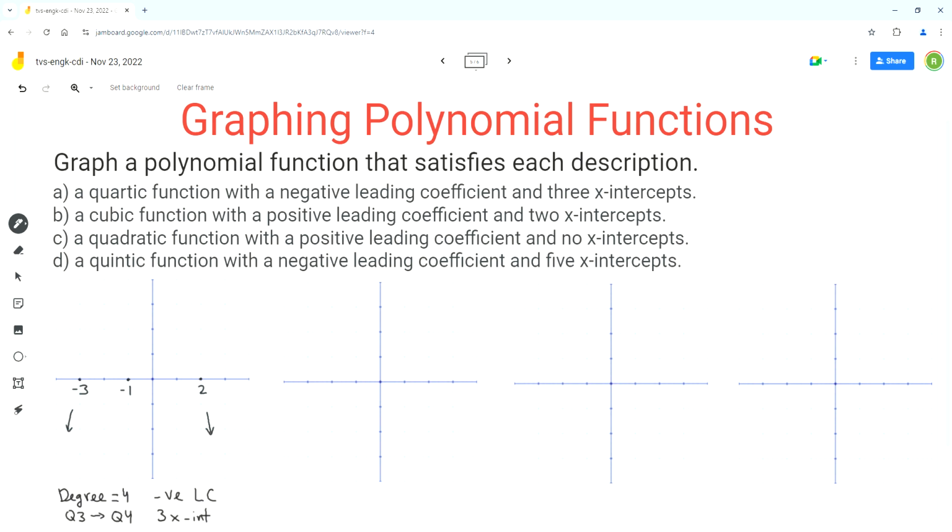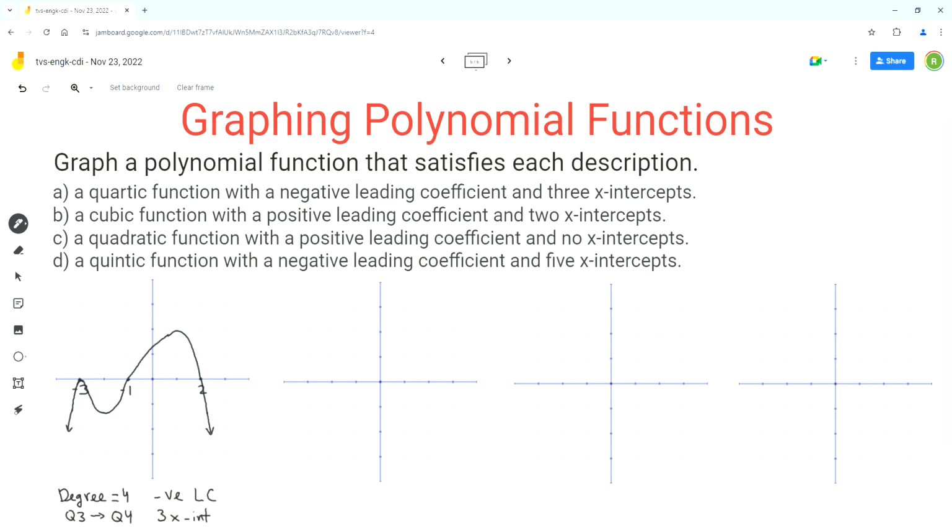So we can show the graph like this. So this can be a possible graph for the function A. So we are done with part A.